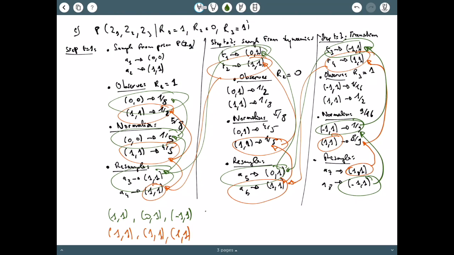Therefore, the conditional probability that we estimate is 1/2 for this path, and same thing for this other path. The conditional is also 1/2. So that's the posterior we obtain over the path.